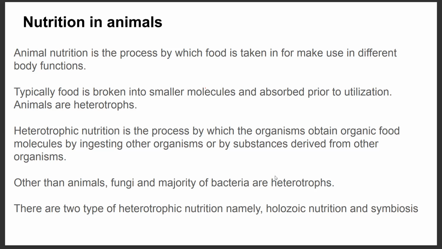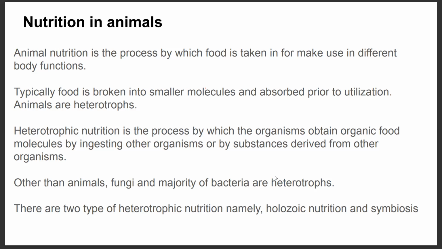Then the second step is digestion. Digestion means, now you know, whatever things we eat are complex molecules. So inside the body, these complex molecules should be broken down into small molecules to be absorbed by the cells. So this is done in the process called digestion.